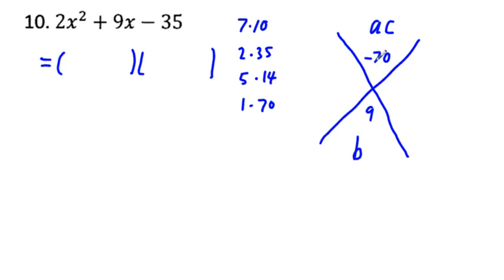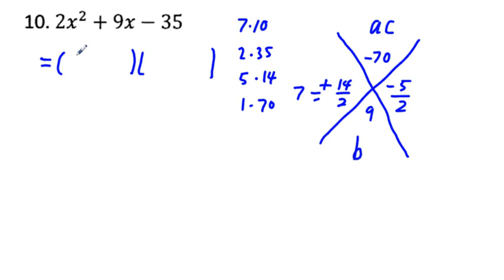So we have a negative 70, so we're going to have a plus and a minus. So I'm thinking we have plus 9, so we're going to have plus 14 and minus 5. And we're going to divide by our 2, by A. So we get 7.